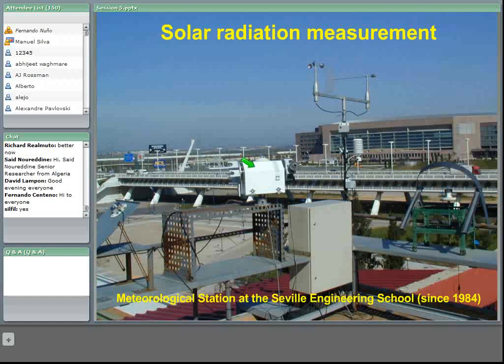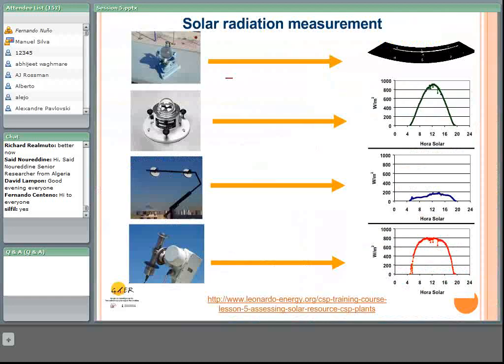We have also a pyranometer mounted on a tilted surface for research purposes and so on. Well, when we talk about solar radiation measurement, perhaps the oldest equipment, it's not properly a solar radiation measurement, but it has a lot to do with that, is the Campbell-Stokes sunshine recorder.